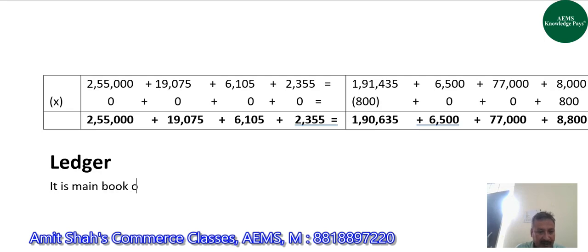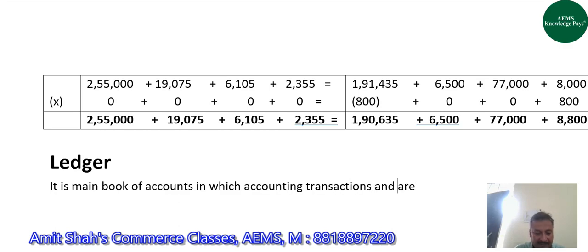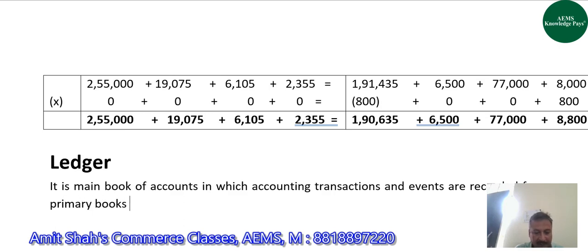So it is the main book of accounts in which accounting transactions and events are recorded from primary books, journal book, and subsidiary books. Right?